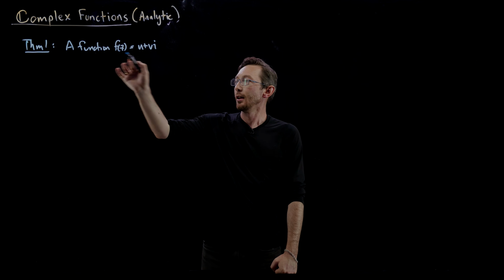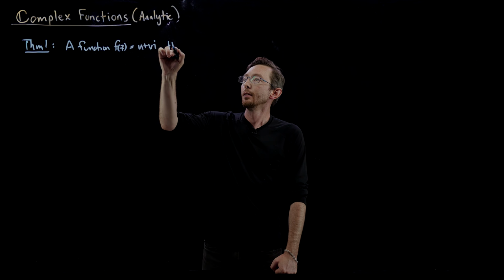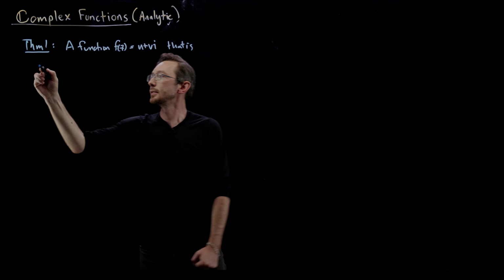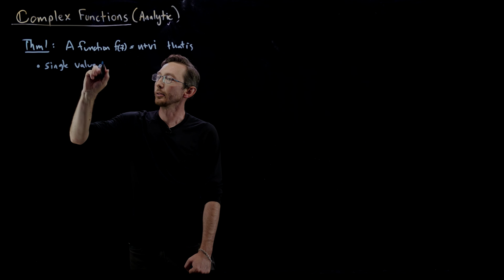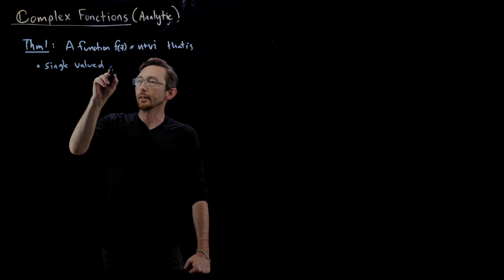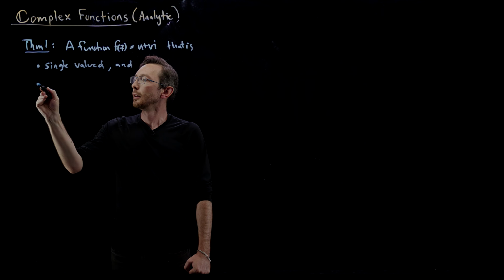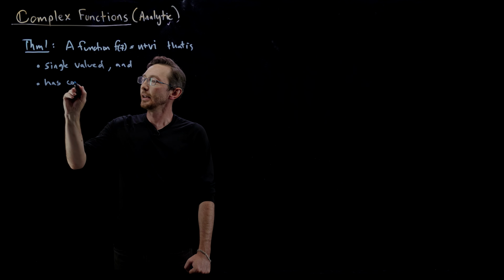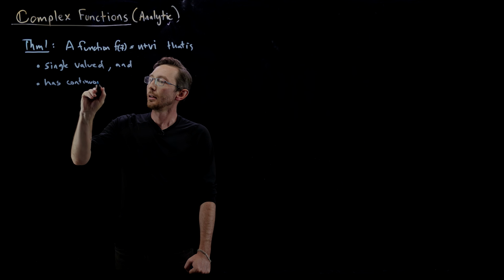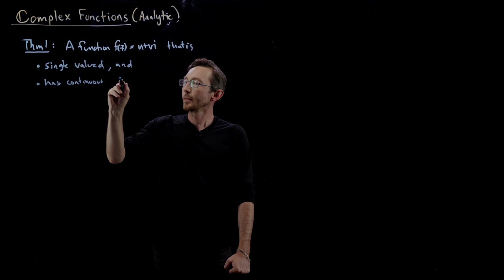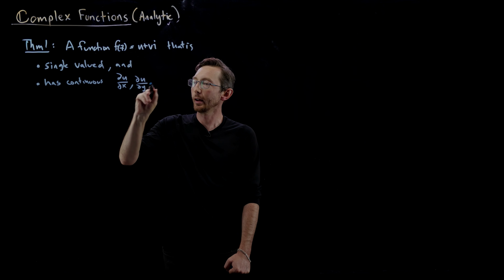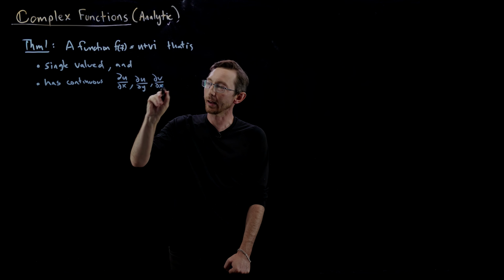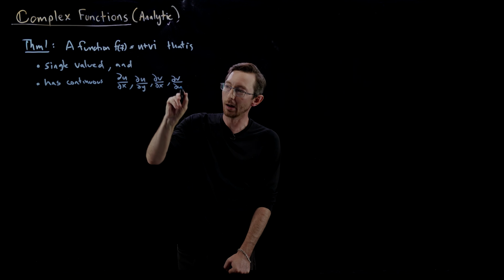So a function f of z that is single valued, and has continuous partials, partial u partial x, partial u partial y, partial v partial x, partial v partial y.